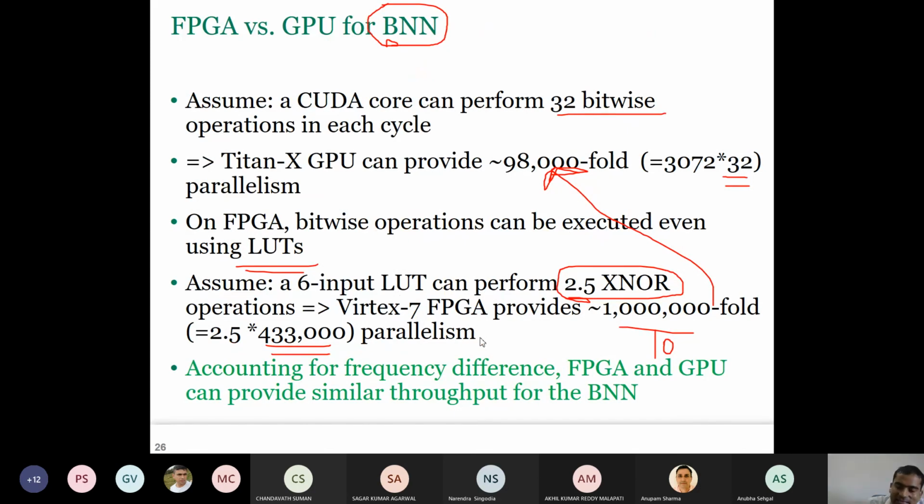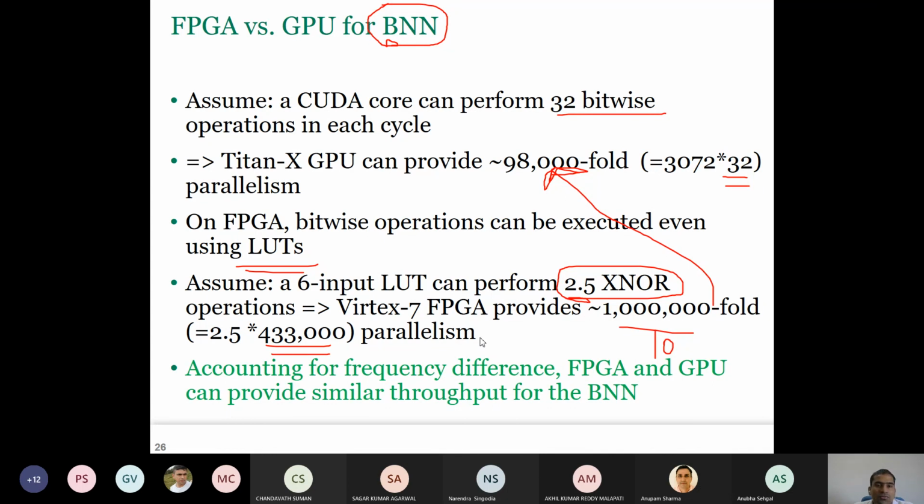In the fixed point case, we used only DSPs. We did not use LUTs. That means we had a lot of resources, but the workload was not able to make use of those resources, so it was going to waste. So that's why the performance was coming out much poorer for FPGA. Now, when we come to the binarized neural network, this workload is such that it very well matches the characteristics of FPGA.